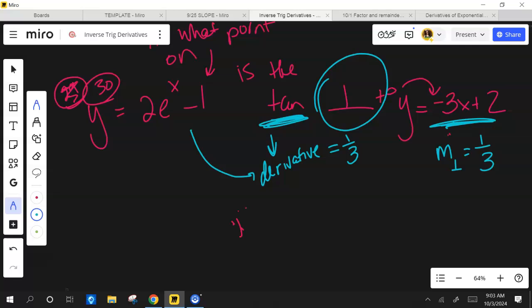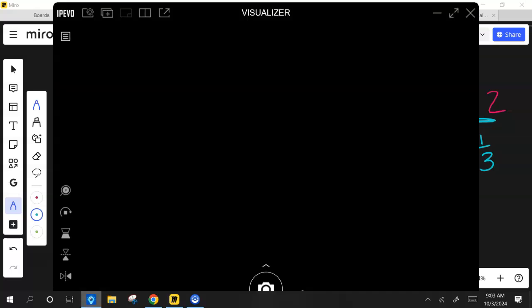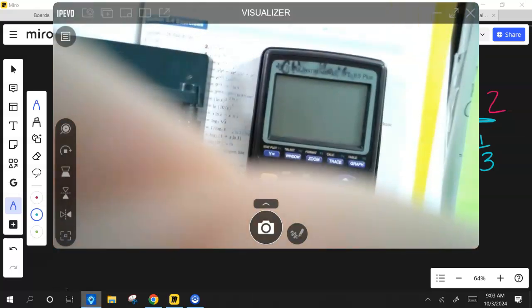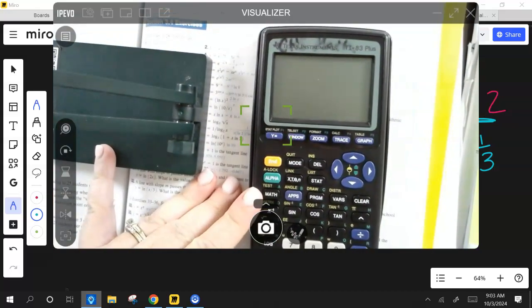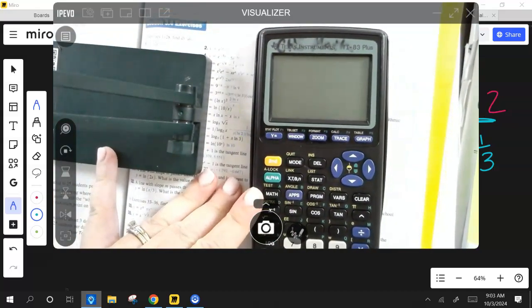You have a list of recommendations. They're not requirements. That's at her discretion. The academic recommendations are at the discretion of the teacher. There's nothing that's required.